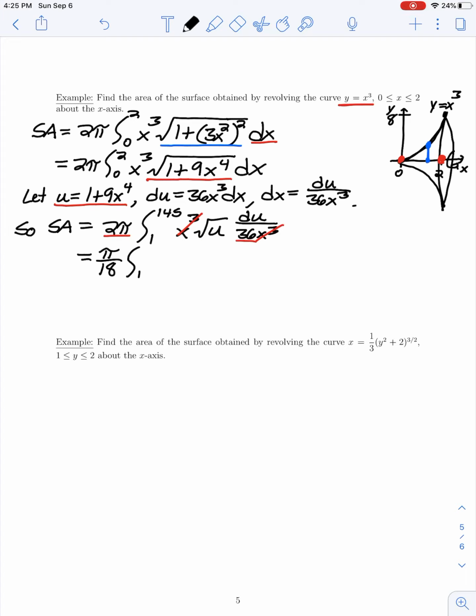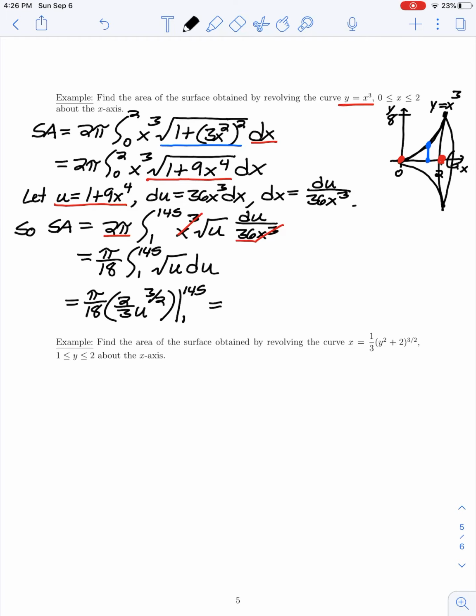And then I have the integral from 1 to 145 of the square root of u du. So for our antiderivative, we have pi over 18 times the antiderivative of square root of u, which is 2/3 u to the 3/2 power, which we're evaluating from 1 to 145.